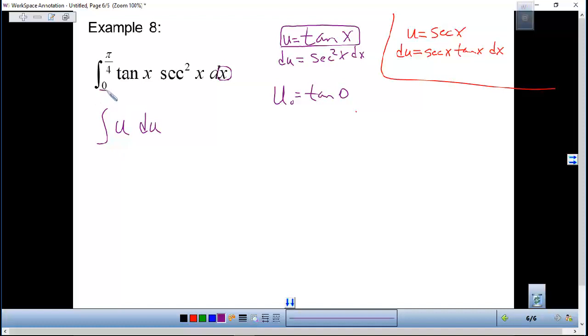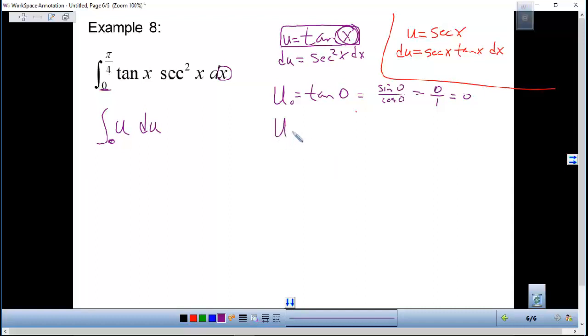All you're going to do is take this value right here and plug it in right there. So what is the tangent of 0? Well, remember, tangent is sine over cosine. And when we're talking about 0, sine of 0 is 0, cosine of 0 is 1, so we end up with 0. So our lower bound is still going to be 0. It's not always going to be the same thing.